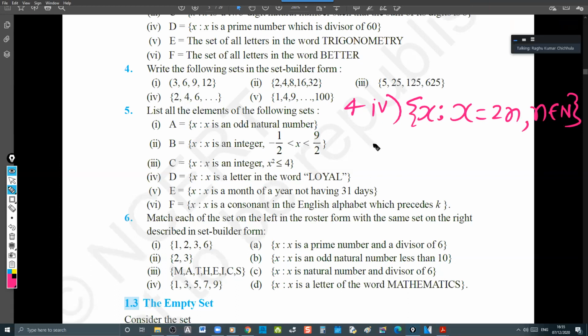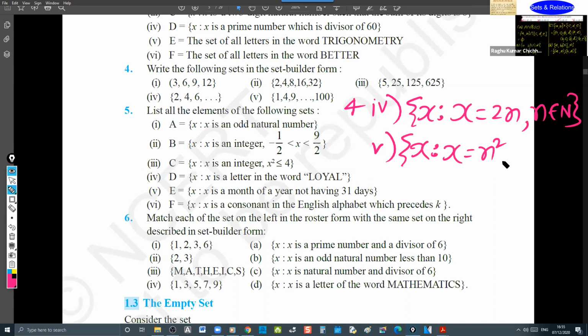For the fifth one, x such that x equal to n power 2, where n is equal to 1, 2, 3, 4, 5, 6, 7, 8, 9, 10. You can write even like this also, 1 is less than or equal to n is less than or equal to 10.